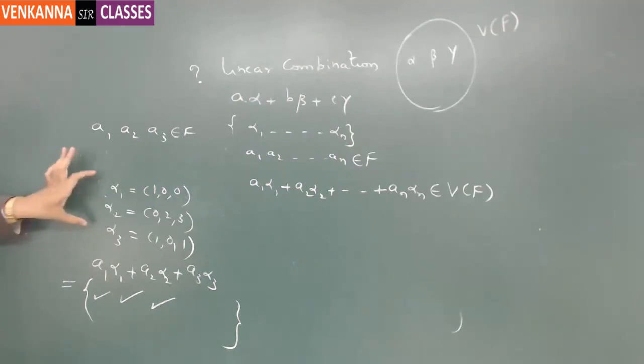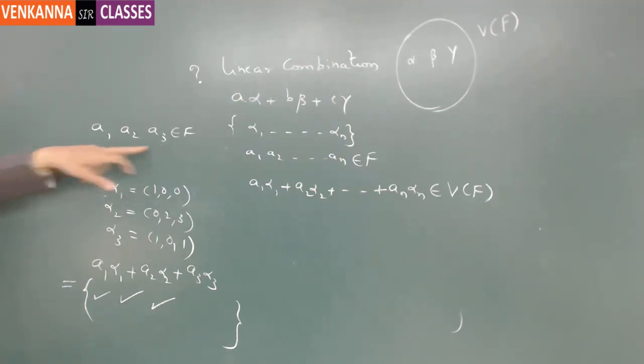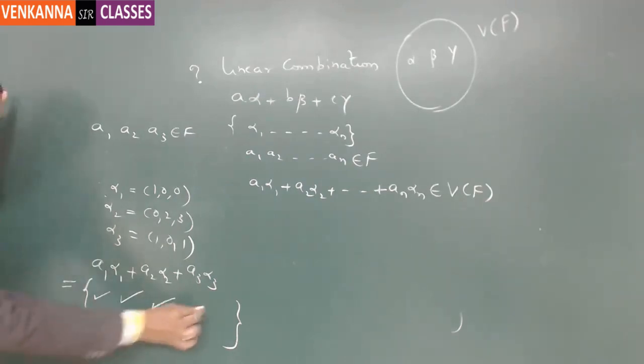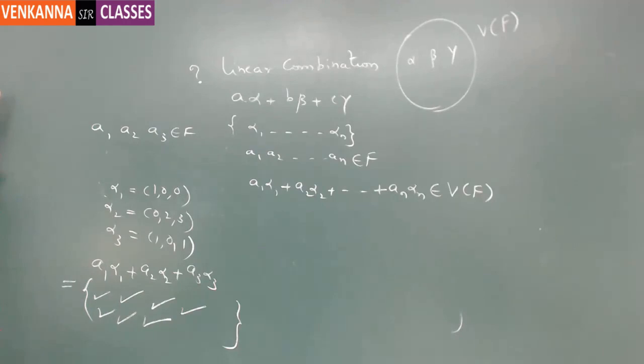I have fixed the vectors, but I am changing the scalars here. I can take all possible scalars in the field f. You will get a set of vectors here. If you put all these vectors together, you will get a line. That's why we are calling it a linear combination.